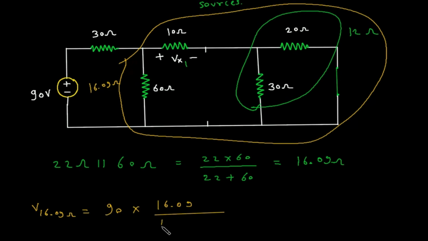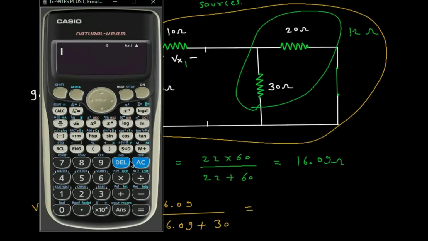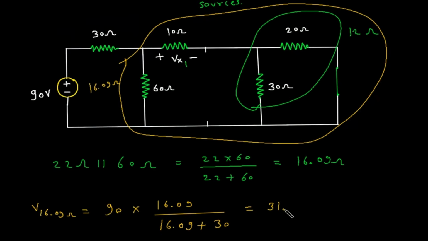Total will be 16.09 plus this 30 ohm. So this will be 90 into 16.09 by 16.09 plus 30. 31.42 volt is the voltage across this resistor.